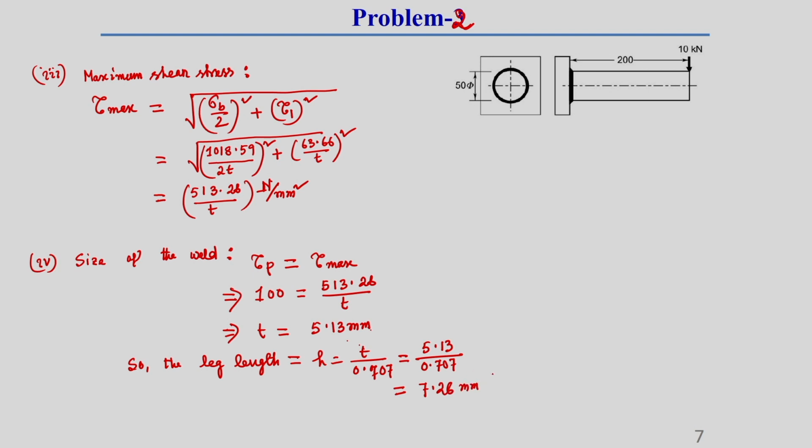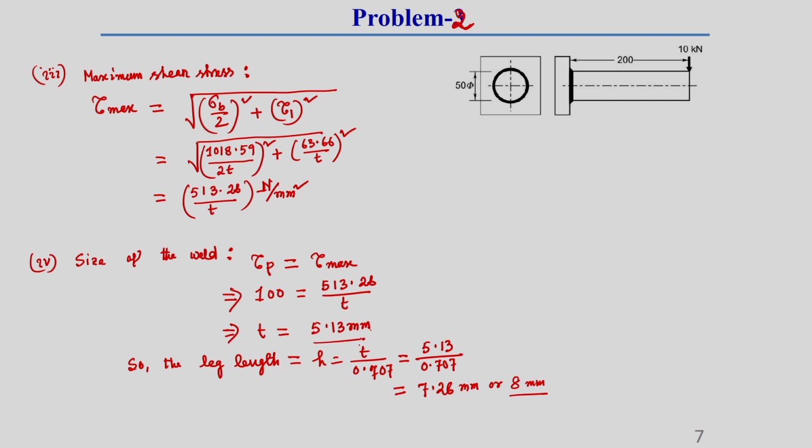We can consider the next full digit, that is 8 mm, because if we consider a little bit higher dimension of the leg length, then our structure will be more safe. So, this is the leg length and this is the throat thickness.